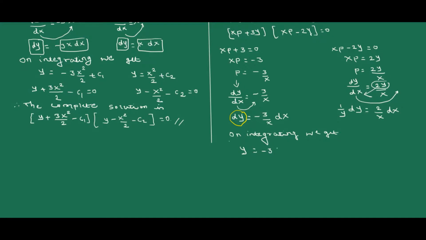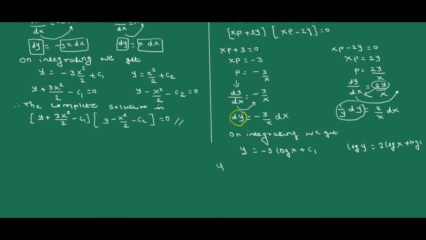Integration of 1 by x into dx is log x, and you can take integrating constant plus c1. Similarly here, integration of 1 by y into dy is equal to log y. In right hand side 2 is constant. Integration of 1 by x into dx is log x, plus you can take integrating constant log c only, because first and second terms are in terms of log.